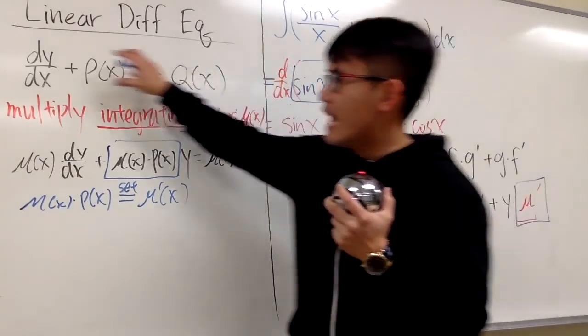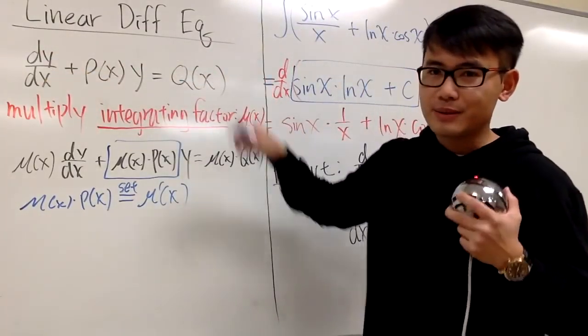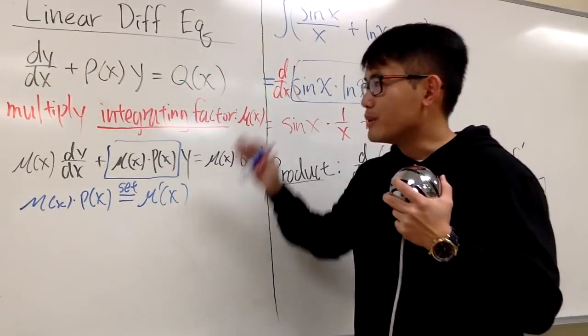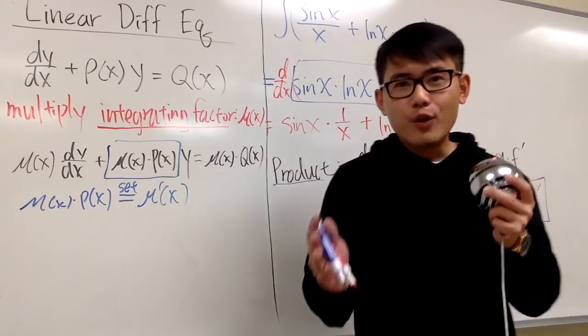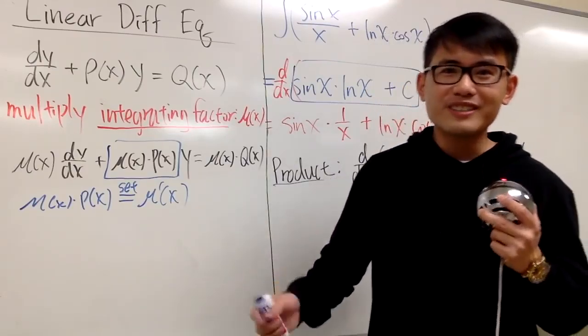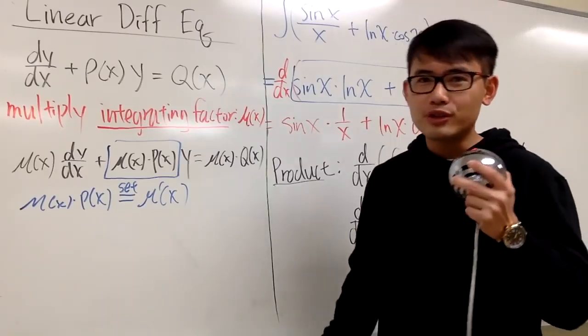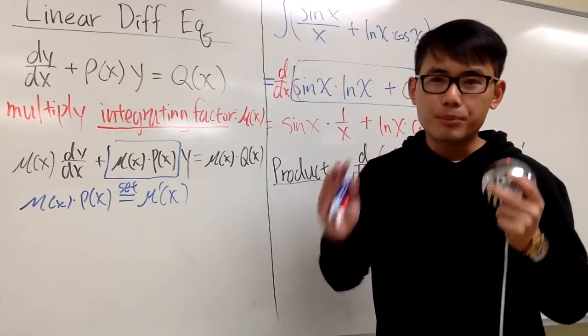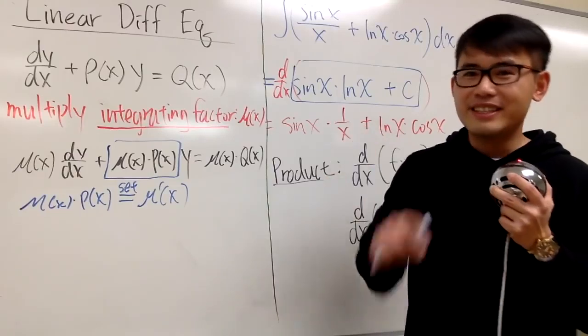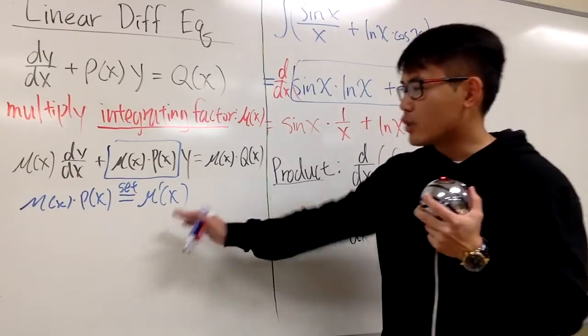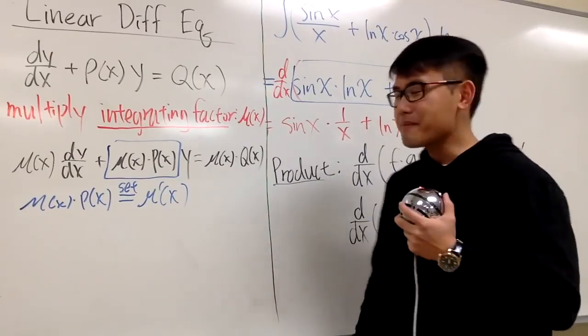And we will multiply everything by the mu of x, the actual function, and you'll see everything will work out nicely. Of course, I'll show you guys an example with actual functions, so be sure you continue to watch this video. And also, I will suggest you guys watch another video. It's called the fake product rule. You can click the link in the description. It's a lot of fun, and the strategy right here is very similar, okay?